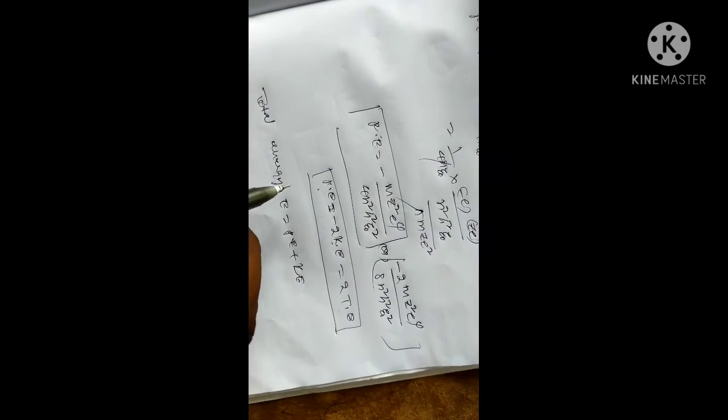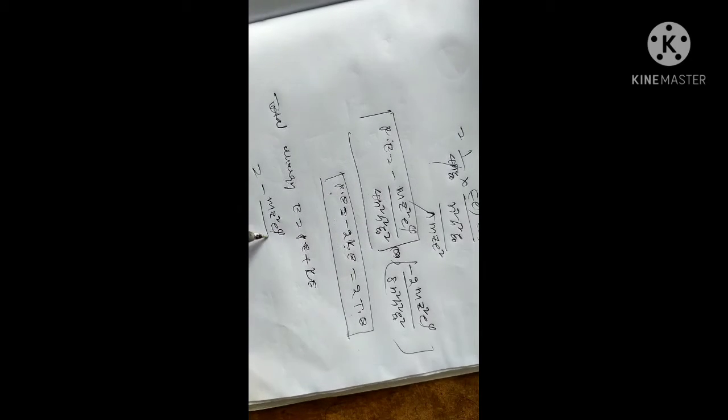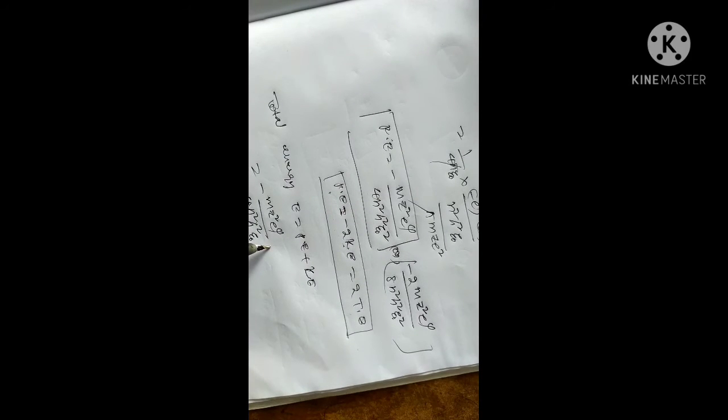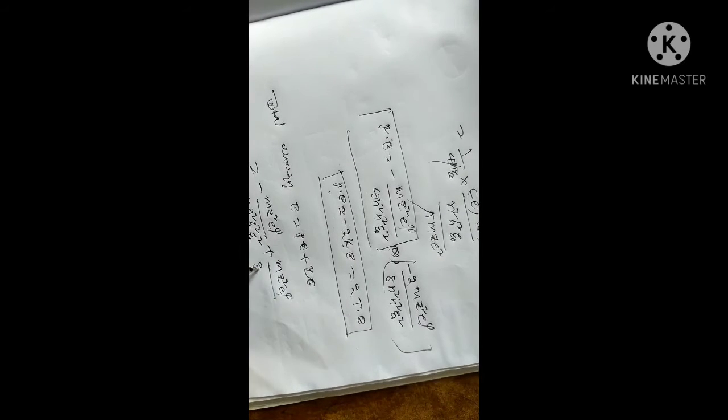The potential energy is minus m Z square e to the power of 4 divided by 4 n square h square epsilon naught square, plus the kinetic energy m Z square e to the power of 4 divided by 8 h square n square epsilon naught square.